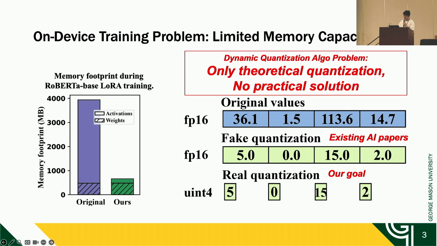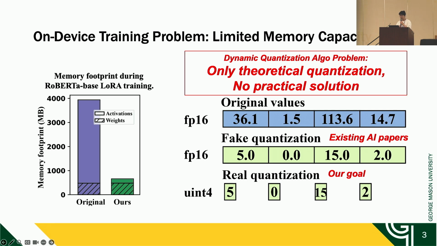This typically computes the quantized values and analyzes how the reduced numerical range affects model accuracy, thereby estimating the potential compression ratio in theory. But they just stored the quantized UINT4 values using the original 16 bits, which means that they cannot achieve true memory savings.